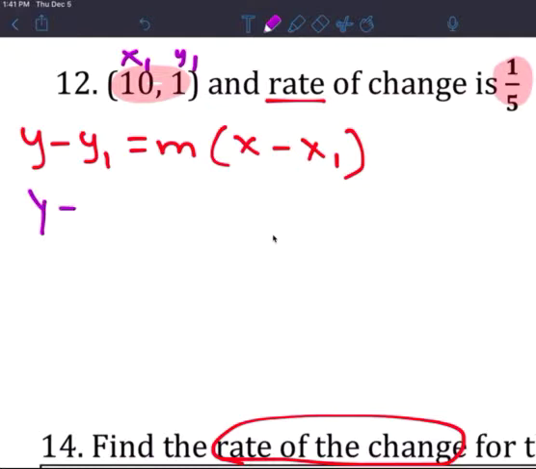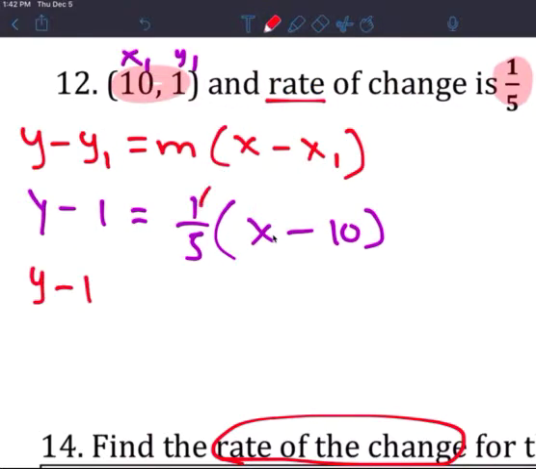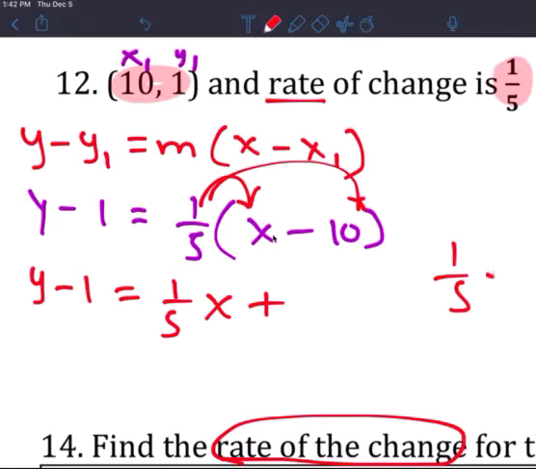Y minus y sub 1 is 1 equals m is 1/5. That's the rate of change. X minus x sub 1. Okay, y minus 1, distribute. 1 over 5x plus 1 over 5 times negative 10.